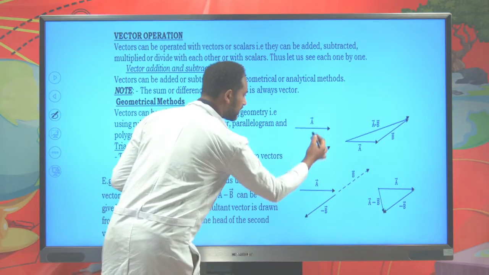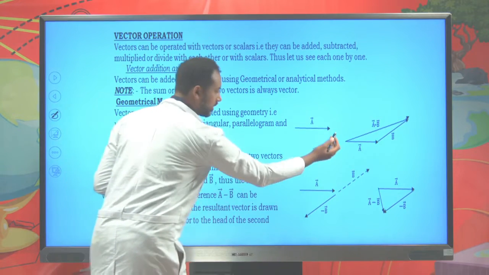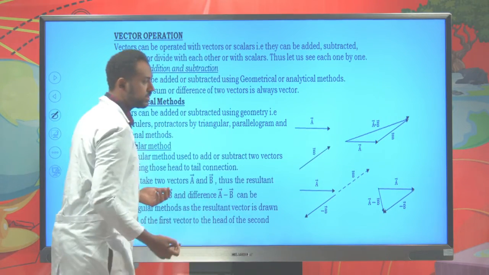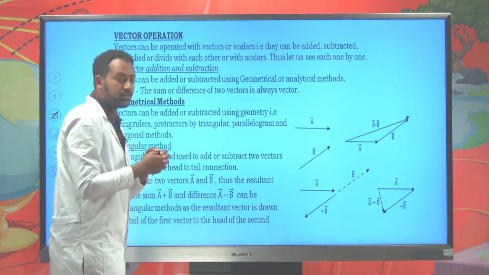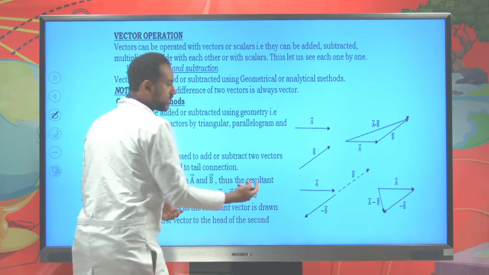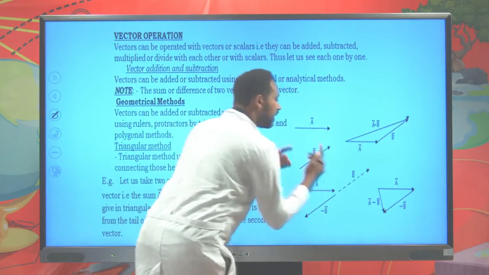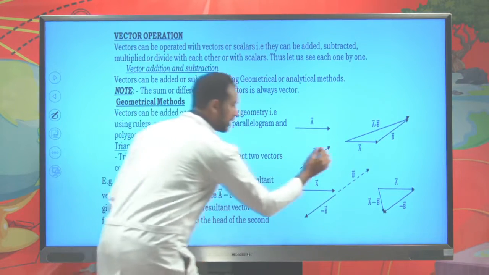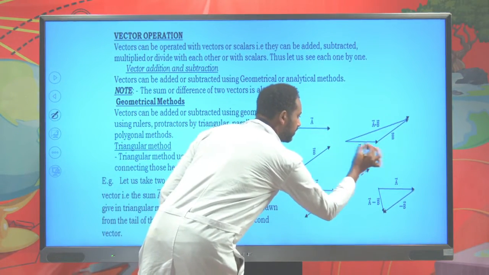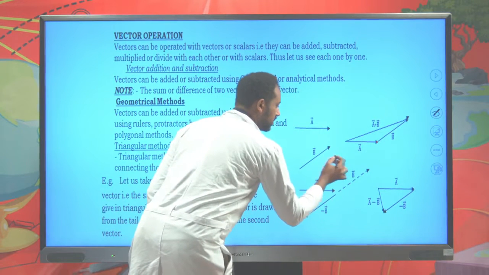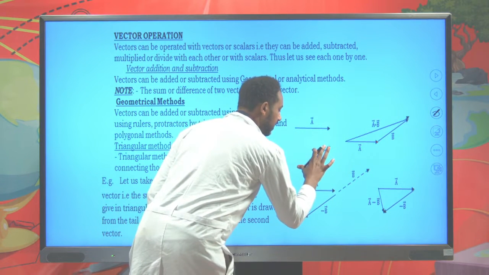Suppose here you have vector A and vector B. Vector A is acting in this direction and vector B is acting in this direction. So the summation or the difference of these 2 vectors can be given. First, using the triangular method, you have to make a head-to-tail connection.